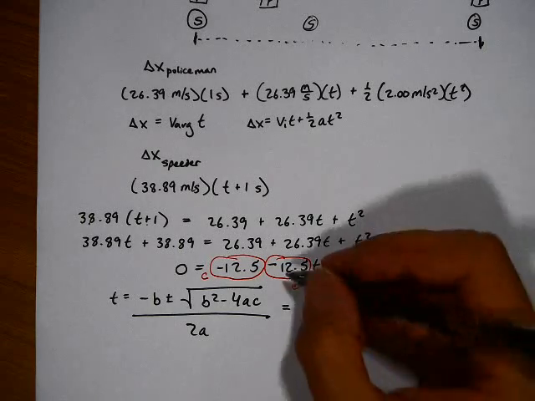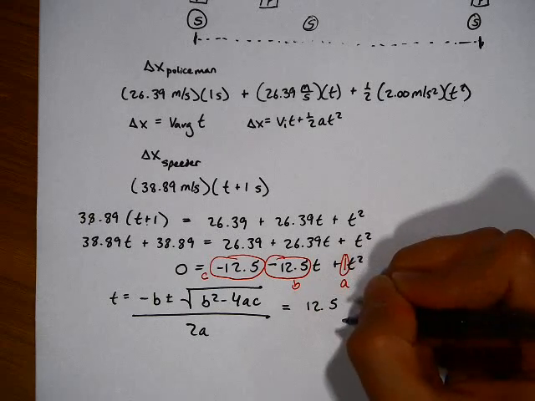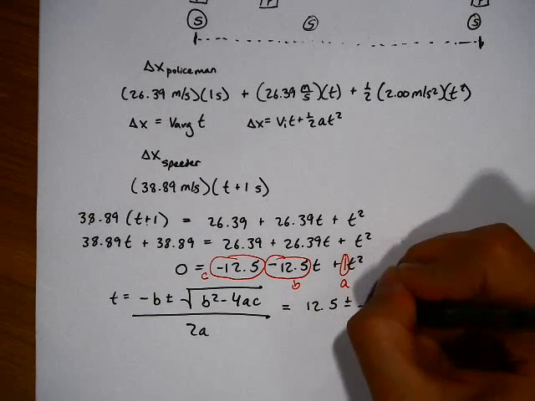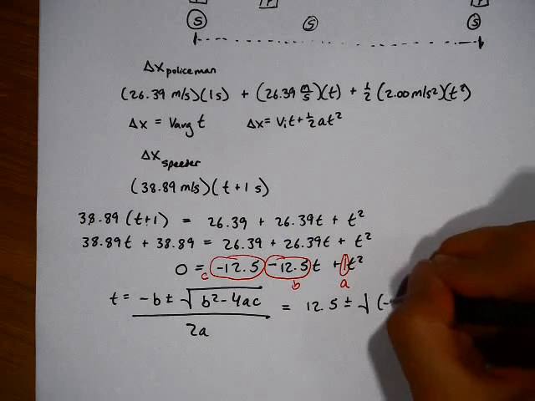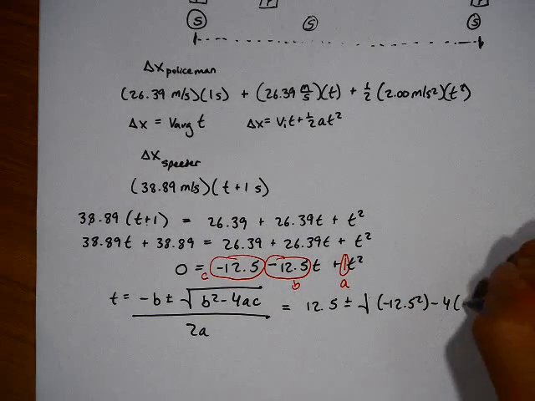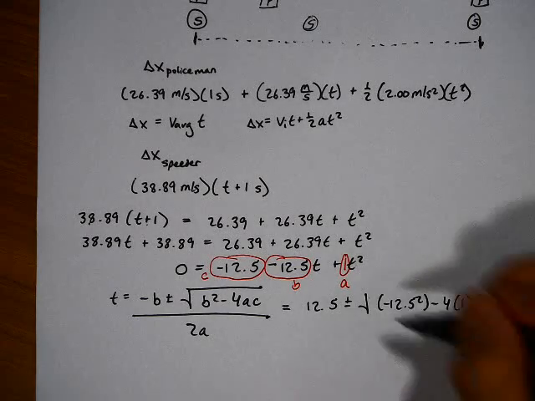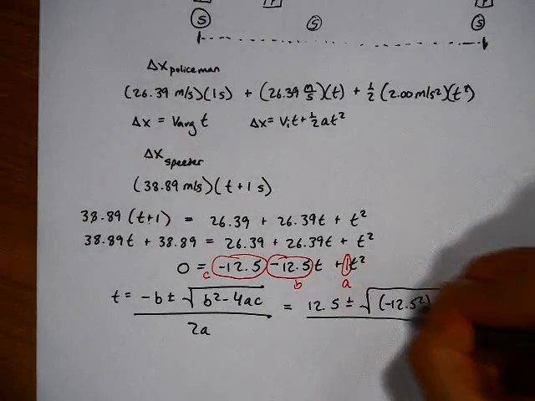So we plug in a negative 12.5 for b, so a positive 12.5, plus or minus the square root of b squared, so a negative 12.5 squared, minus 4 times a, which is 1, and c, which is a negative 12.5, all over 2 times 1.